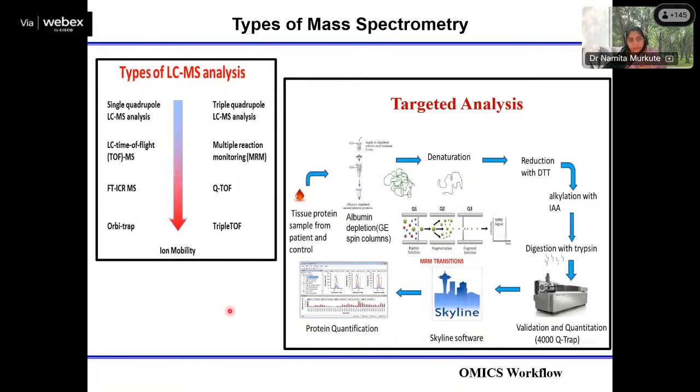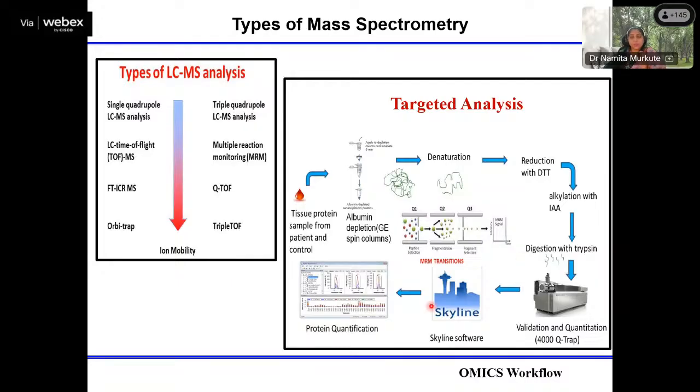But in targeted analysis, if you know that I have these three molecules which may be the biomarkers for a particular disease or for a particular plant extract, and I want to identify and quantify only these biomarkers, at that time you should go to targeted analysis, in which you tell the mass spec to please identify this particular molecule from my sample and give the quantification of that molecule also.